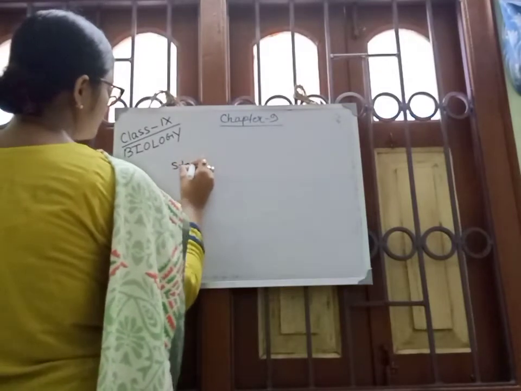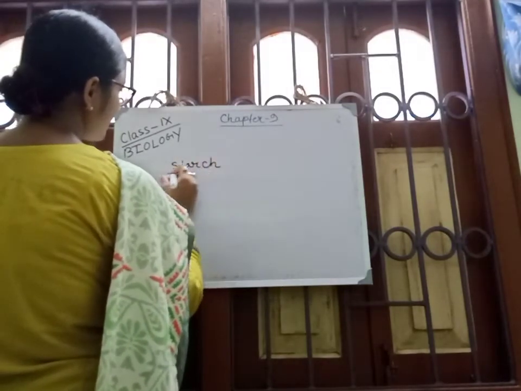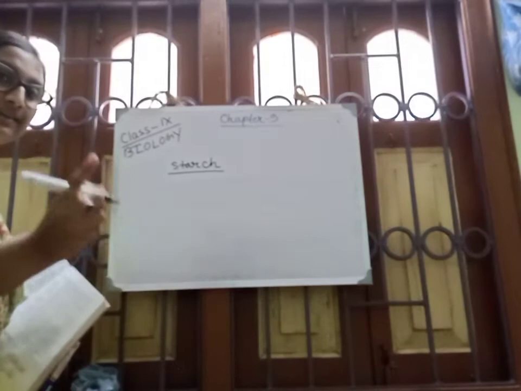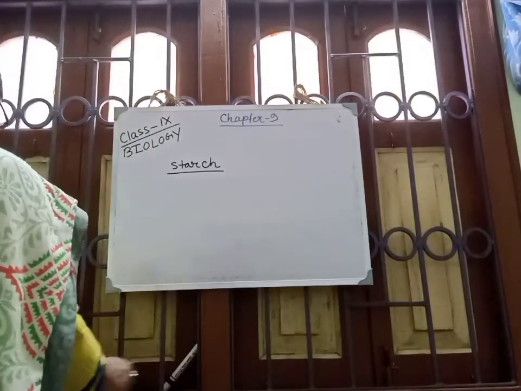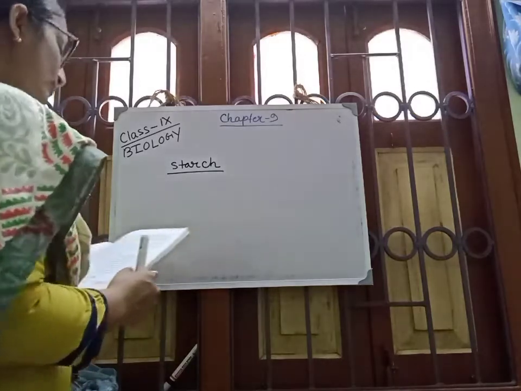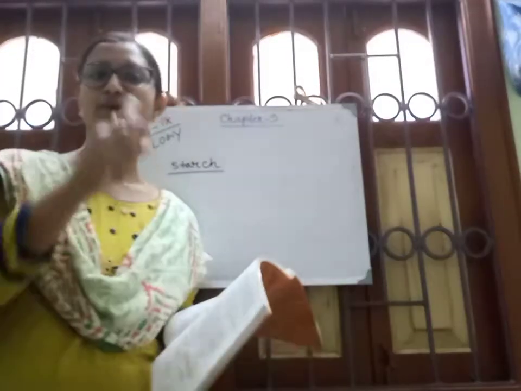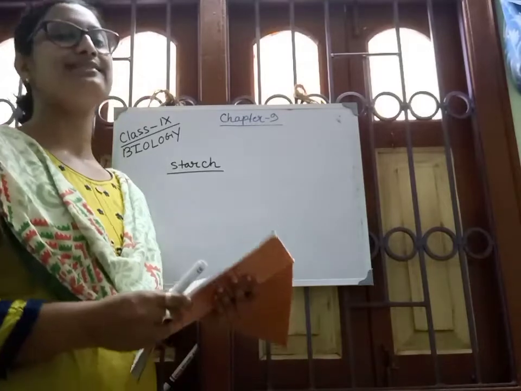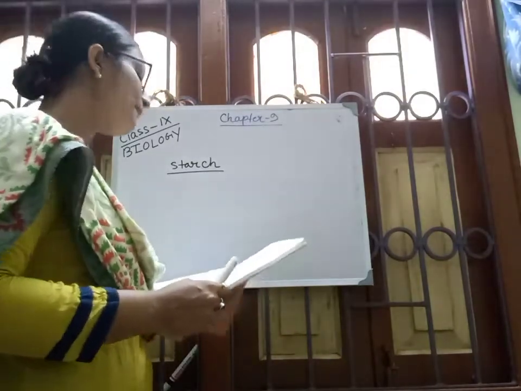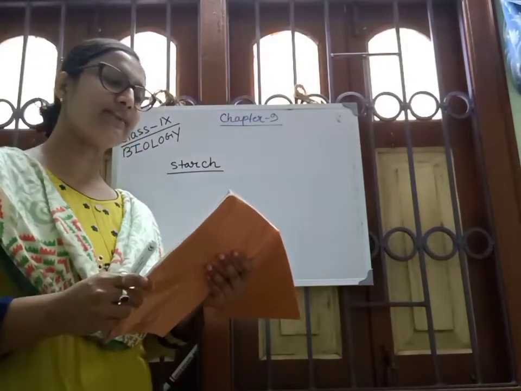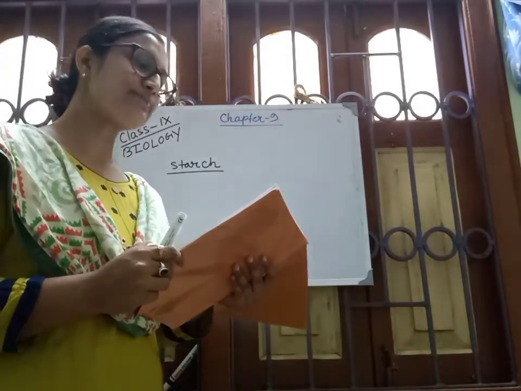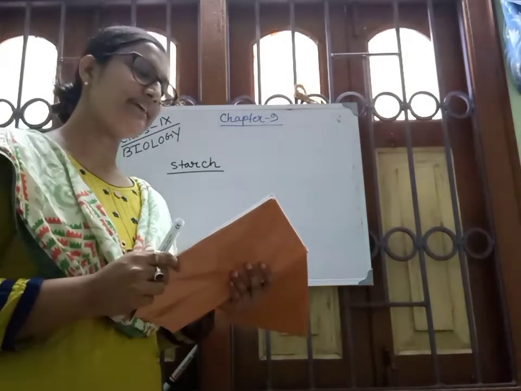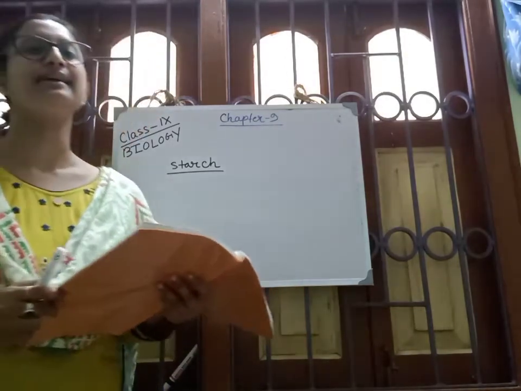Starch is a polysaccharide, not a disaccharide. Polysaccharide means more than two units. It is a complex carbohydrate, a polymer of glucose. The chemical formula of starch is given in the book. It is the storage form of carbohydrate in plants and a primary source of energy in the diet.